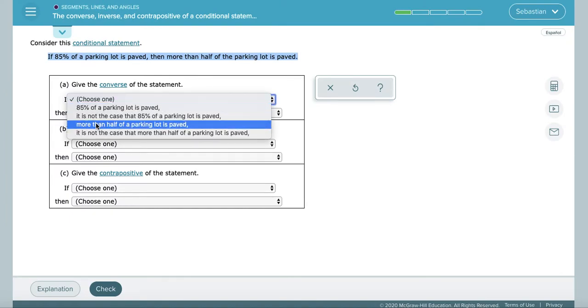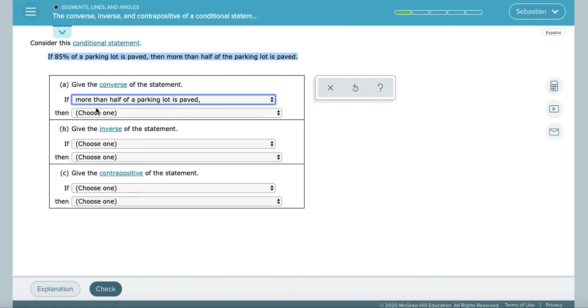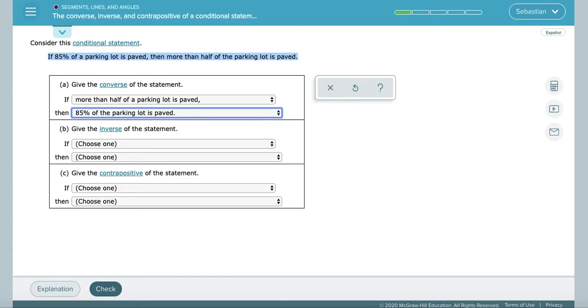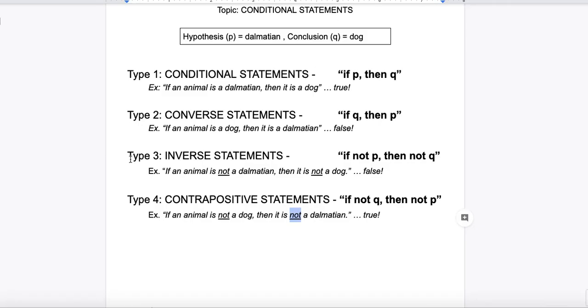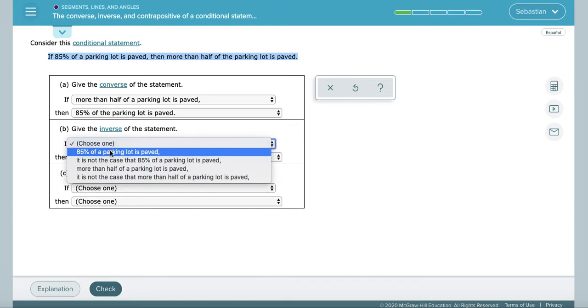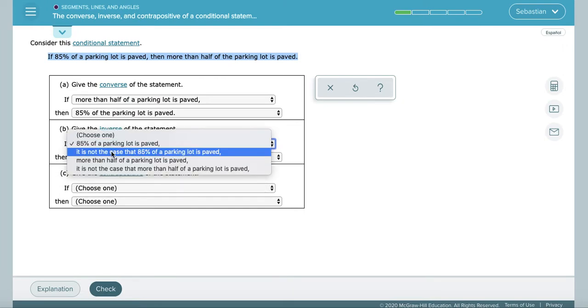If more than half the parking lot is paved, then 85% of the parking lot is paved. The inverse for B is just your conditional statement with negations, so I'm going to look at the statement above.